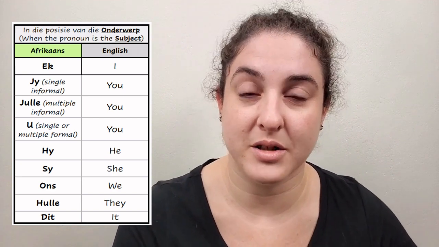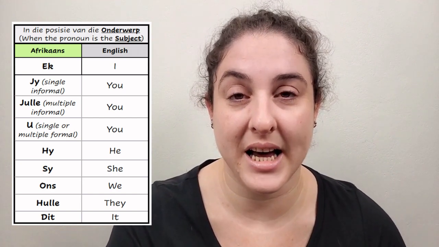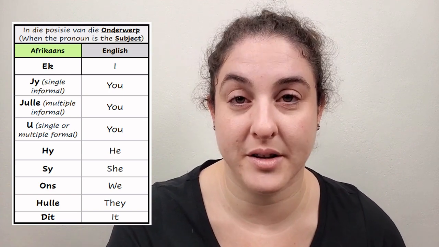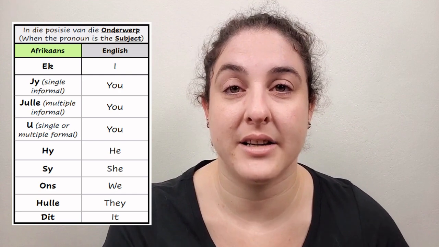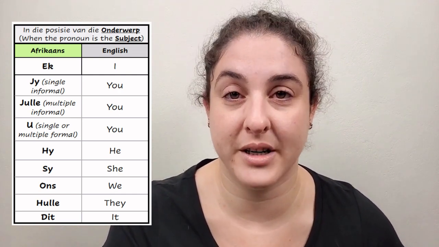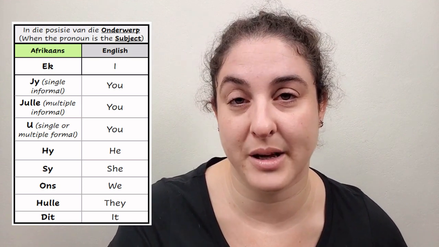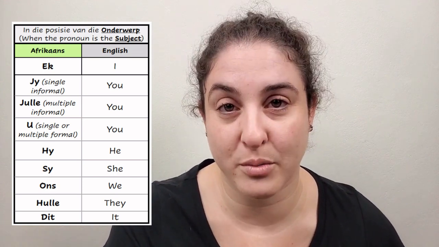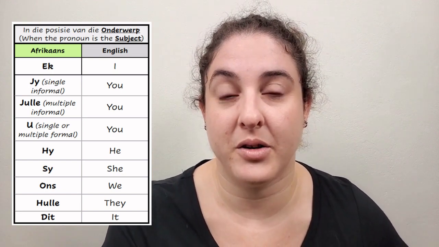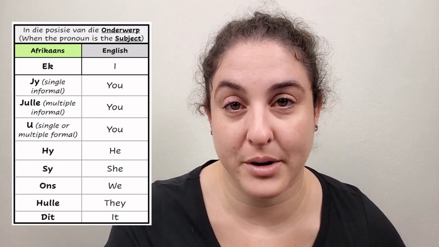But in Afrikaans, we have jy, which is the informal you for one person. So you'll refer to somebody as jy when you know them very well, when it's family or friends, you have a close relationship with that person, and it's not a formal setting, and it's not a much older person. Then you're going to use jy for one person.